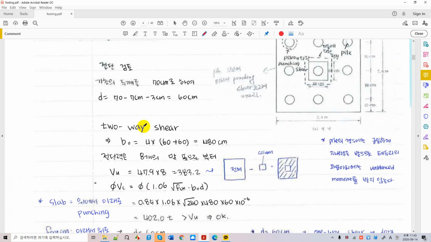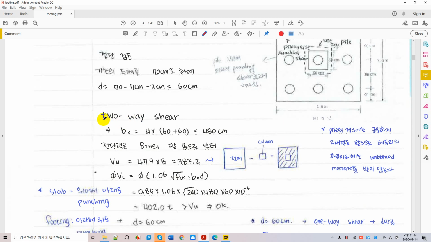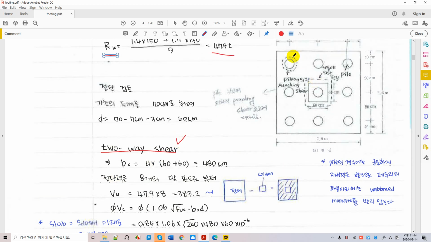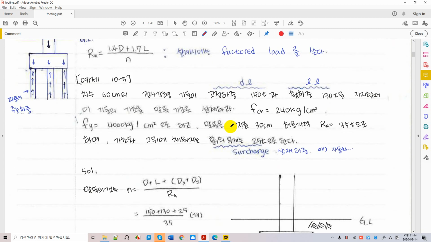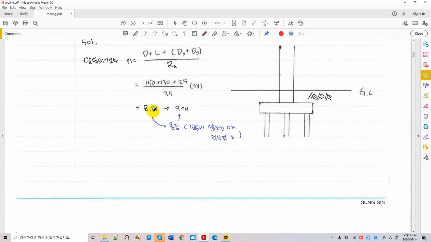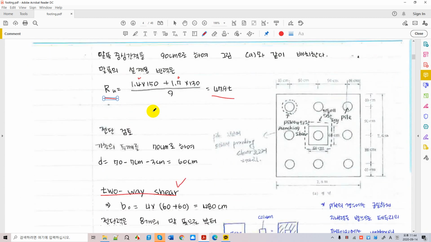Okay, we're going to start with two-way shear, and all these things are similar to what we see for shallow foundations. Shear capacity of a pile cap. This is the pile cap, right? This is the little concrete block that fixes all the deep piles and helps them to act as one foundation system.